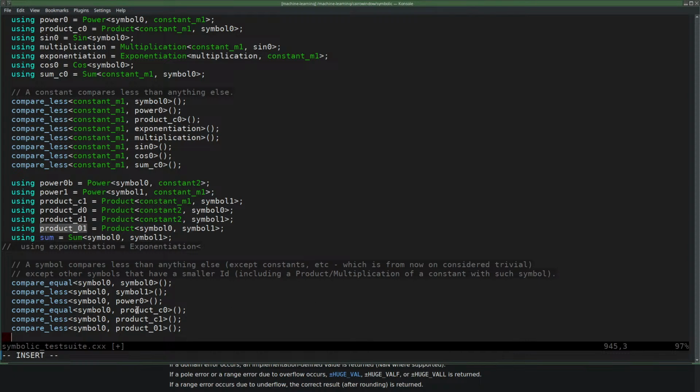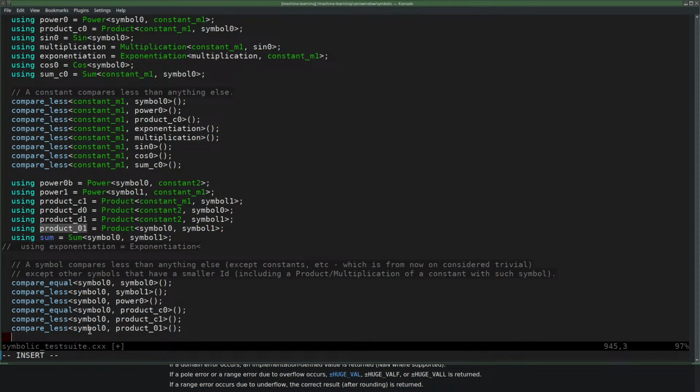So why do I need to compare with 3 products? Well, because if the product starts with a constant, we're actually comparing it with the second argument. And then I want to compare the equal again, and then that it is less than if that is a 1.